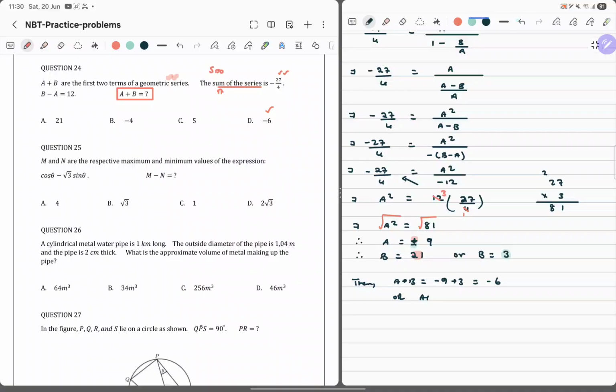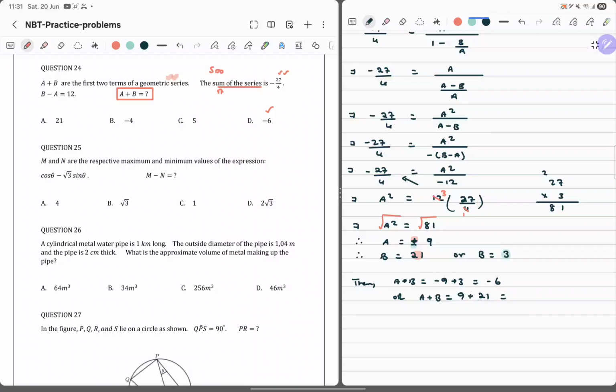Or a plus b is 21 plus 3, right? No man, a is 9 plus 21.